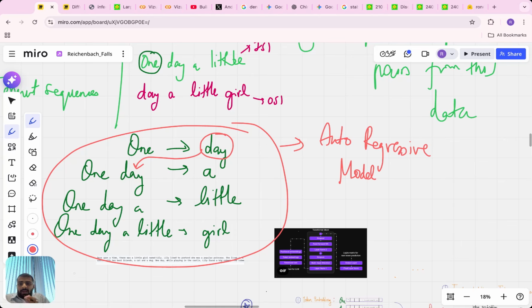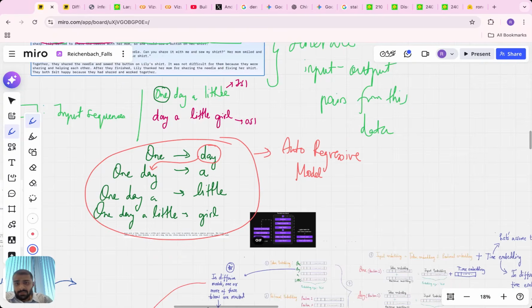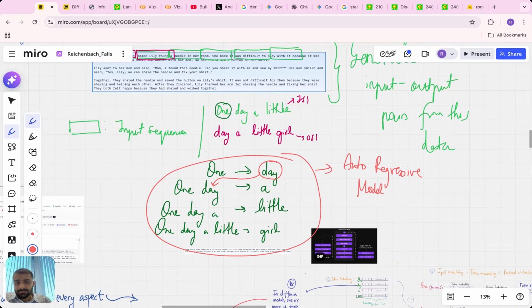So this is how input and target pairs are constructed. One input target pair has multiple target prediction tasks, and that's where the term autoregressive comes into the picture.